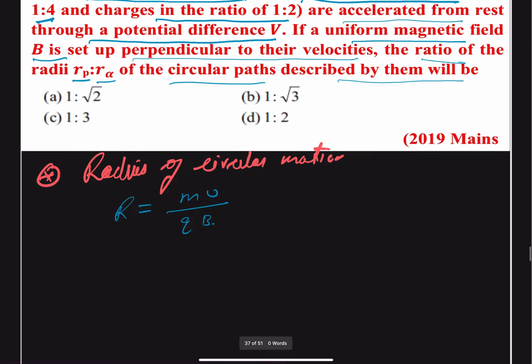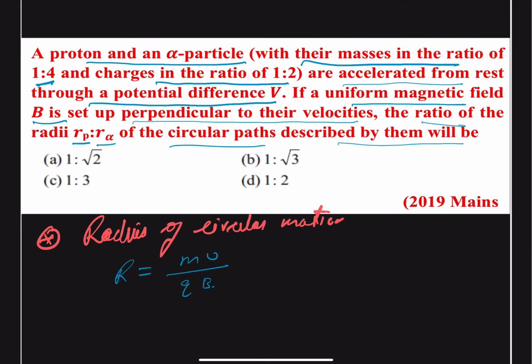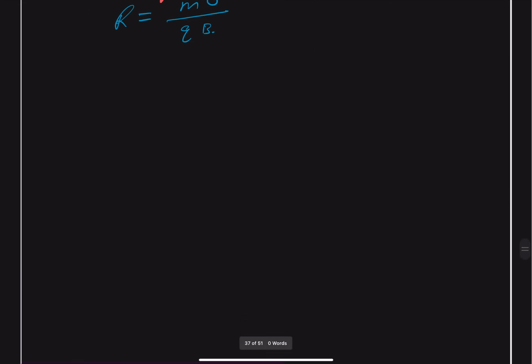And it is also said that they are accelerated through a potential difference of V. It means the energy, or rather we can say kinetic energy, will be provided by this potential difference.